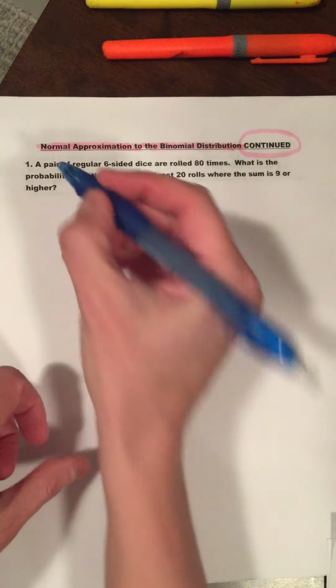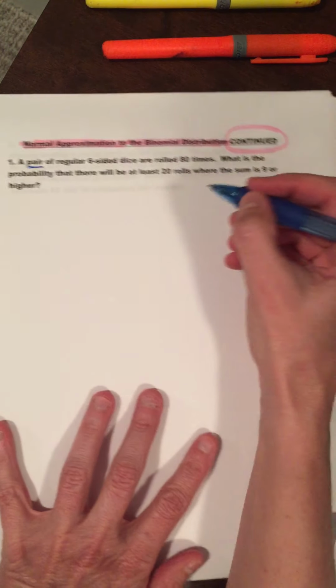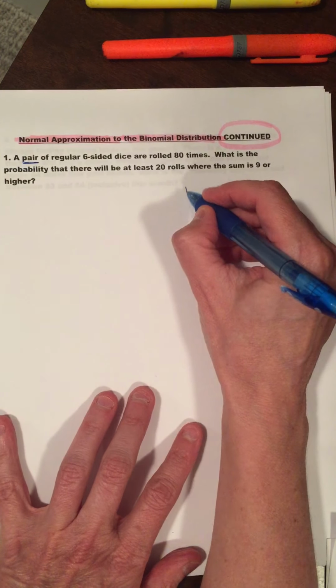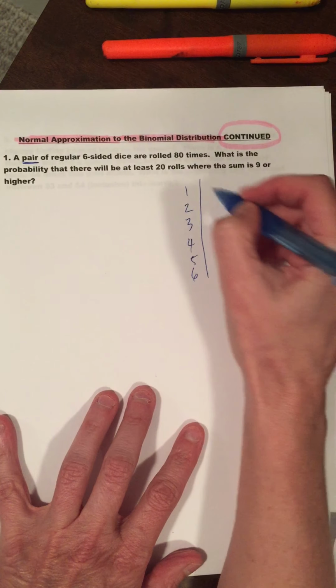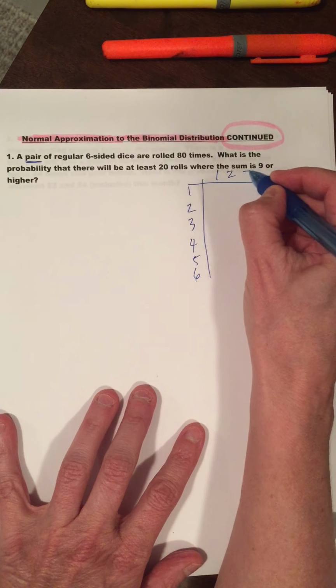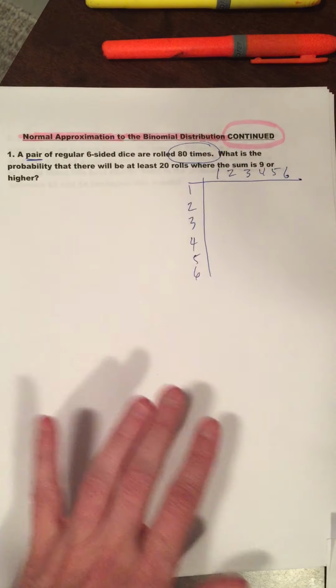Okay, a pair of regular 6-sided dice. A pair, as soon as I read that, tells me dice chart. So a pair of regular 6-sided dice is rolled 80 times.